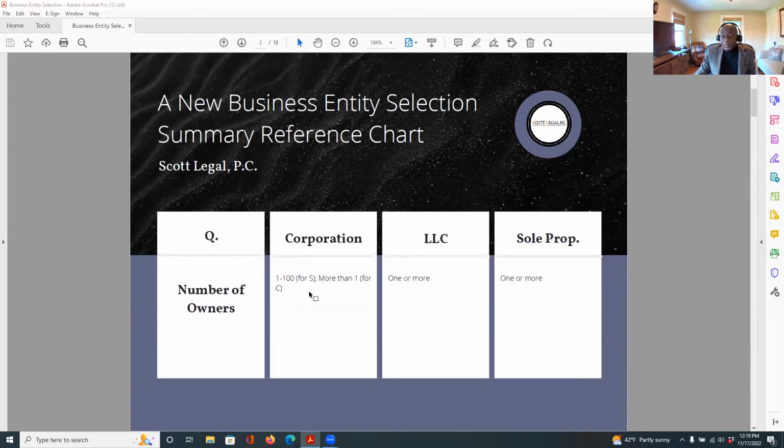One of the requirements is that if you're a corporation, there can only be a maximum of 100 owners. Also, if you're applying for S status, every single one of the owners has to be a resident for tax purposes.